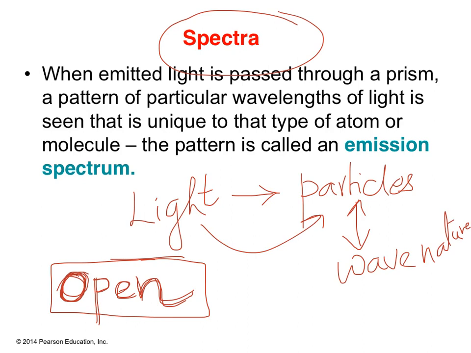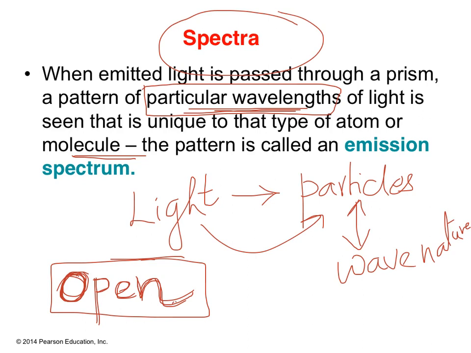If this emitted light is closely examined, it consists of several closely placed wavelengths, and the set of these wavelengths is very unique to the type of atom or molecule, neon in this case.